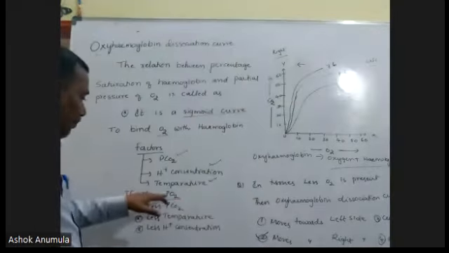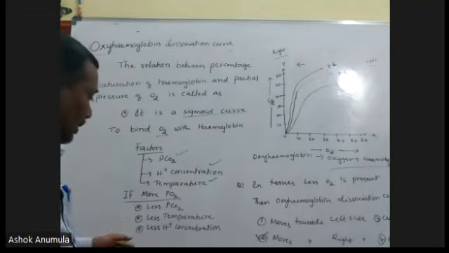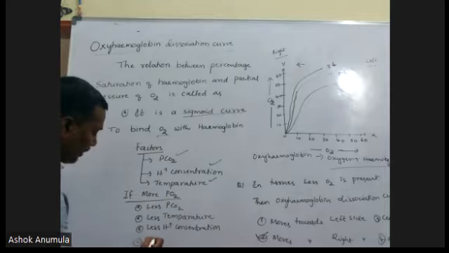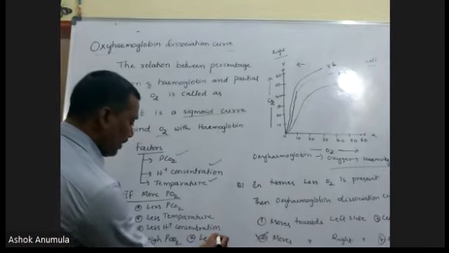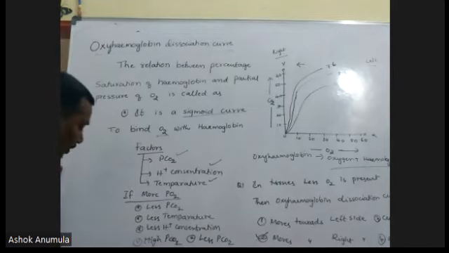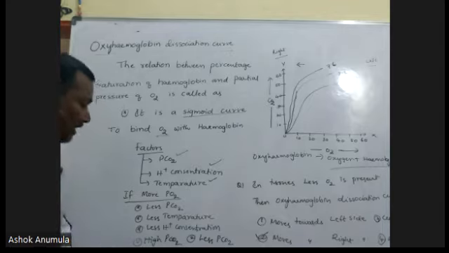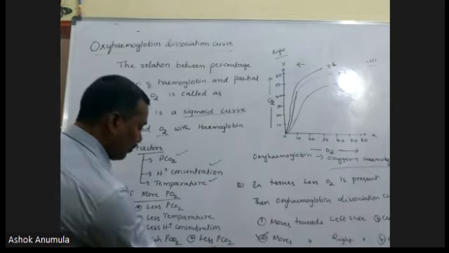If more PO2 is present, partial pressure of oxygen, then first option, high PCO2 present; second option, less PCO2 present; third option, no change in PCO2; fourth option, none.